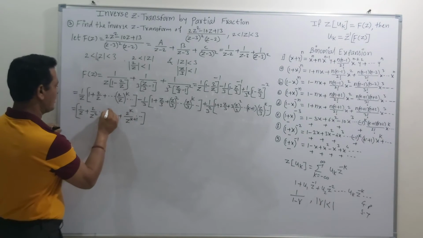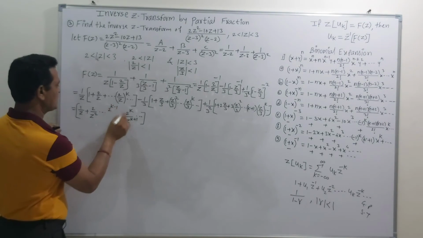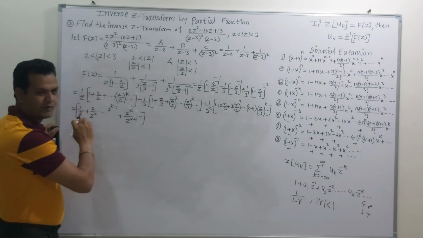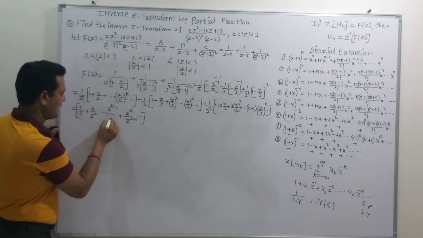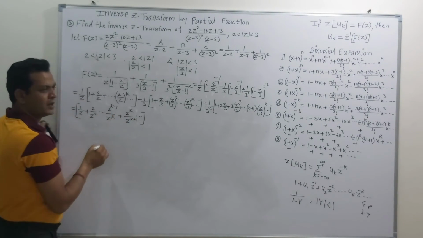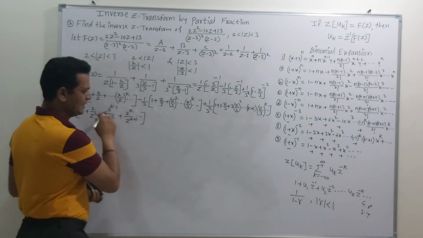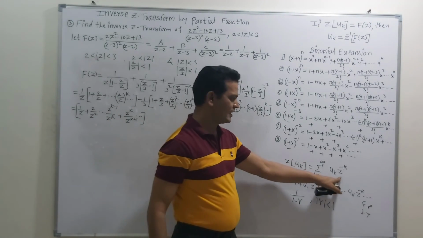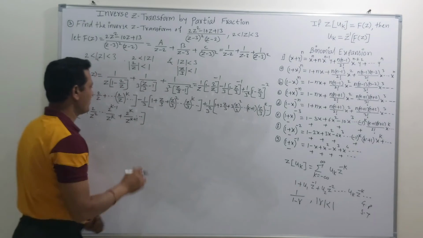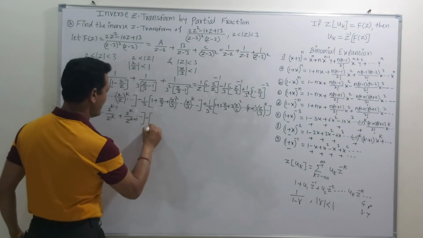So let's write down one term previous to this. This is 2 raised to k minus 1 upon z raised to k. So in this way we get the value of z raised to minus k. That is our requirement.